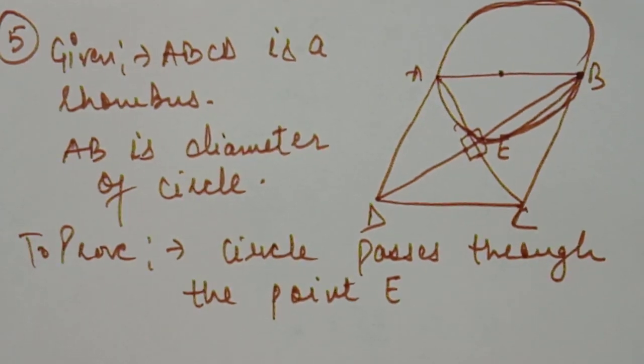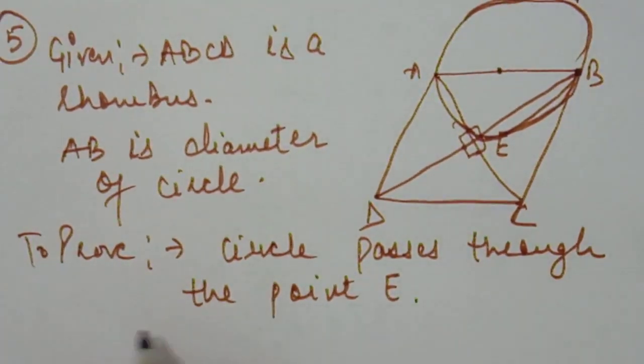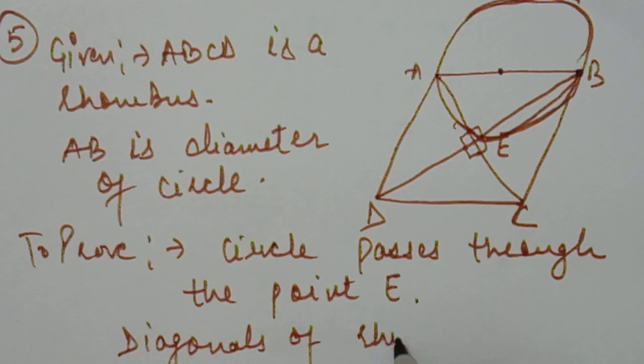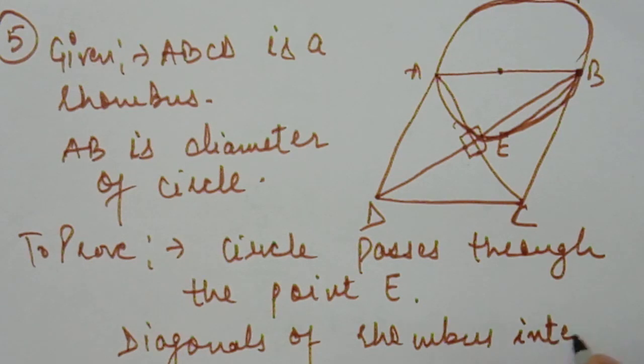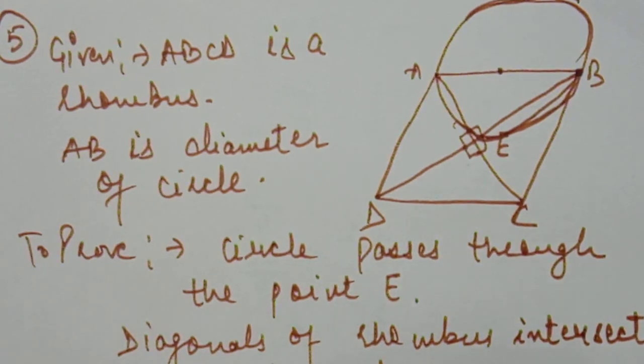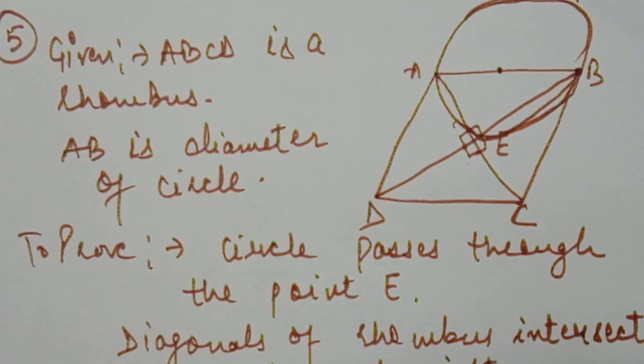So students, we know that diagonals of a rhombus intersect each other at right angle.